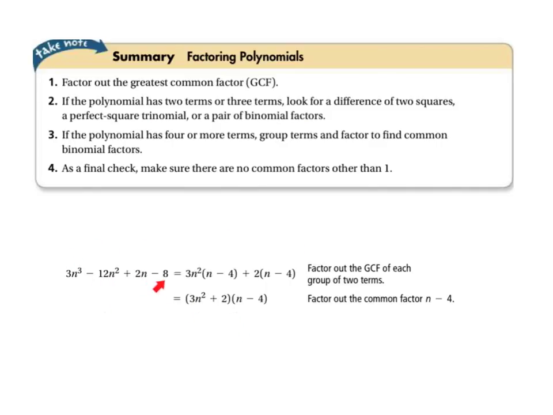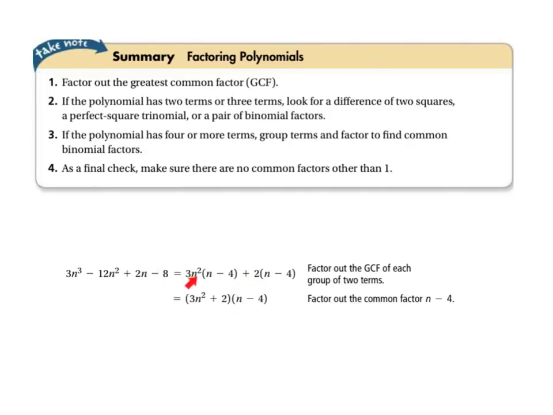So I have this long, lovely term here, right? And you'll notice it has 1, 2, 3, 4 terms, so you can ignore step 2. With 4 terms, group the terms and factor. So group them biggest to smallest, descending order as far as the powers go. Then we're going to look at common factors. Look at the front set: common factor of 3n squared. Back set: common factor of 2.